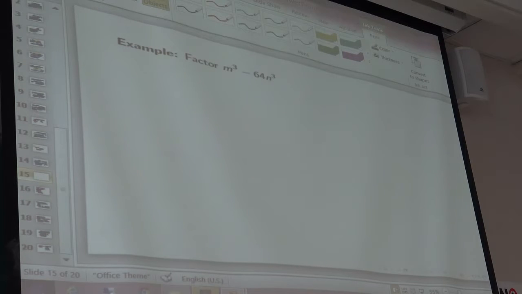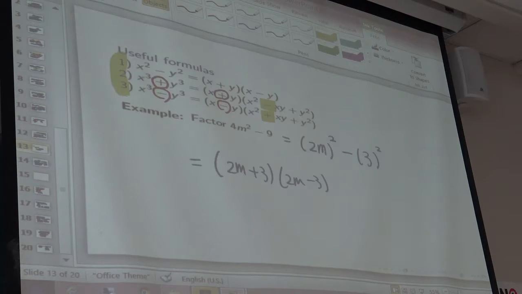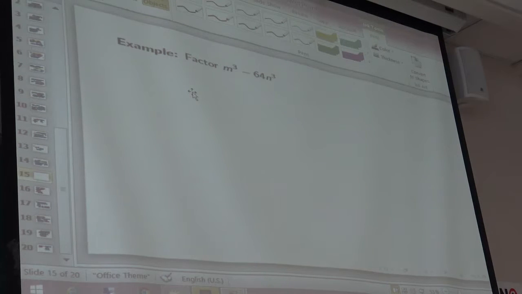So probably we have to use, this is a minus, so we have to use the third one, the x cubed minus y cubed case. So let's write down the formula first. x cubed minus y cubed is x minus y times x squared plus xy plus y squared.